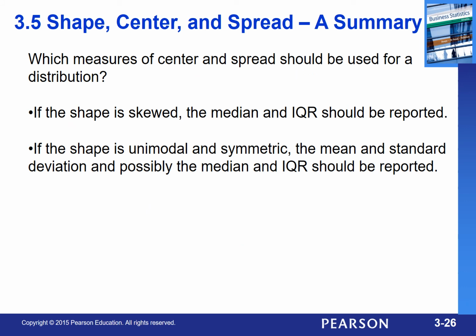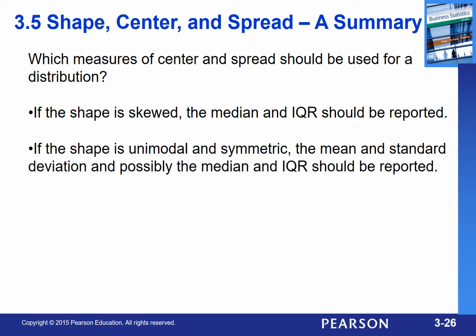All right. So next up, hey, well, which one do I use? Well, as I've said before, if it's skewed, it's sensitive to outliers. We really should be using the median and the IQR to report what this looks like. If it's relatively symmetric and unimodal, then the mean and standard deviation are perfectly fine to use. If you want, you can also use the median and the IQR, just because it's nice to know more about what's going on with your data.